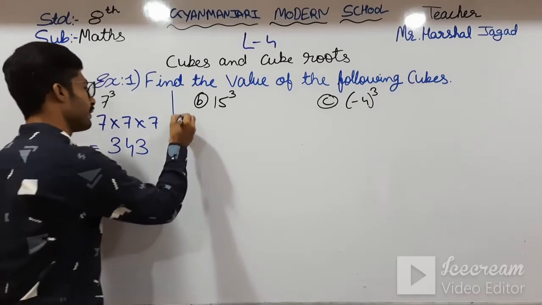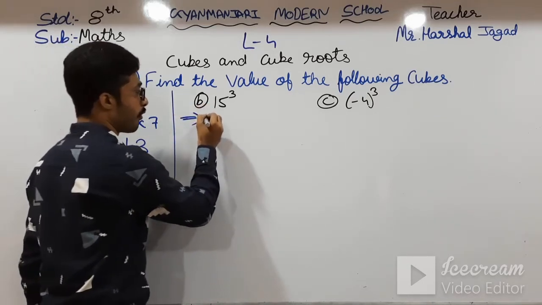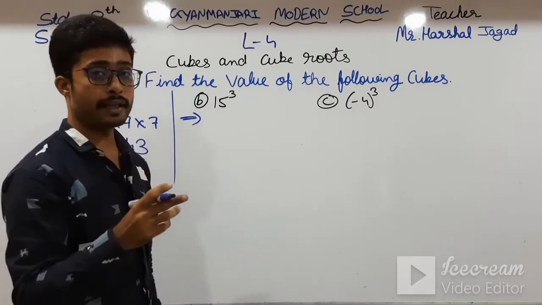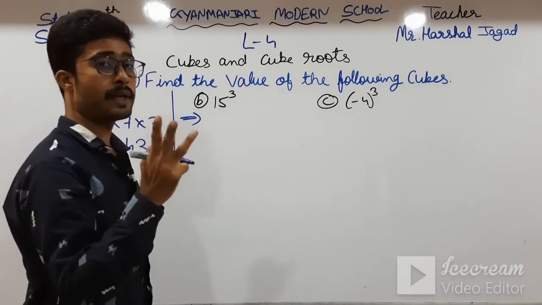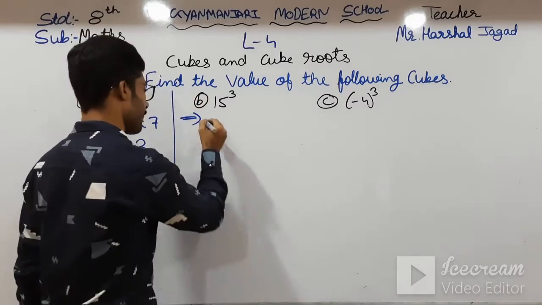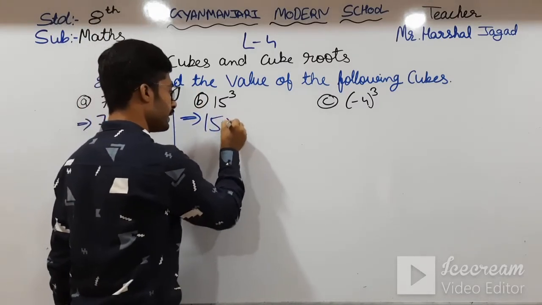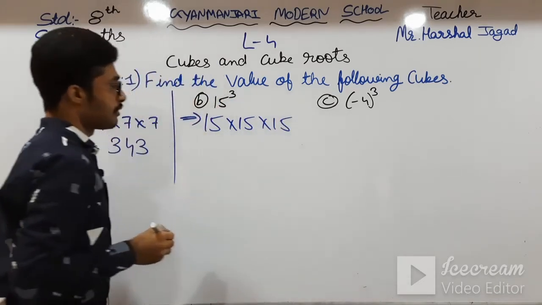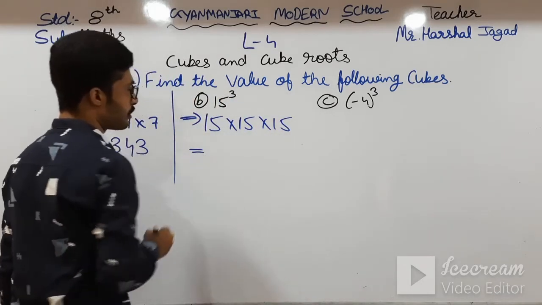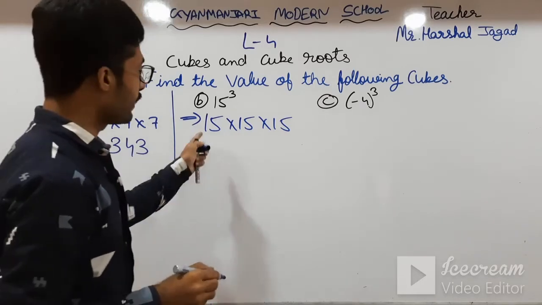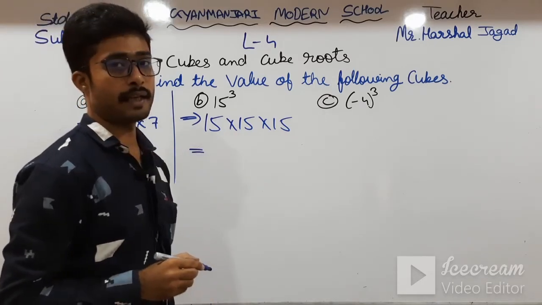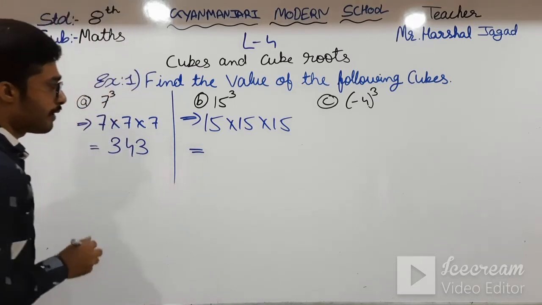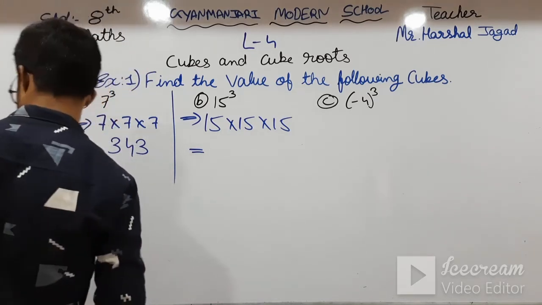Next we take 15. So what we have to do? 15 into 15 into 15. We have to multiply 15 three times. So first of all, solve it on your own. 15 into 15, can anyone tell me?